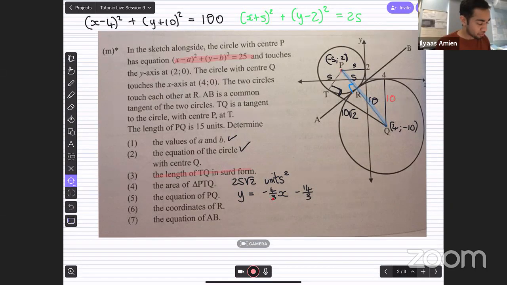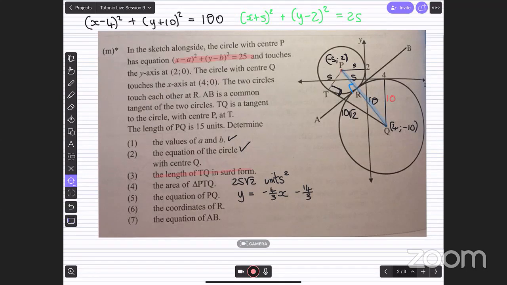Whilst Nafisa is working out the coordinates of R, assume you have the coordinates of R. The next question is, what is the equation of AB? If you have R, how could you work out the equation of AB?